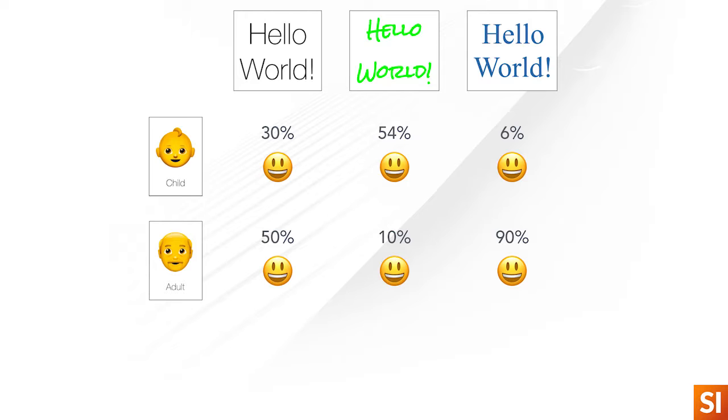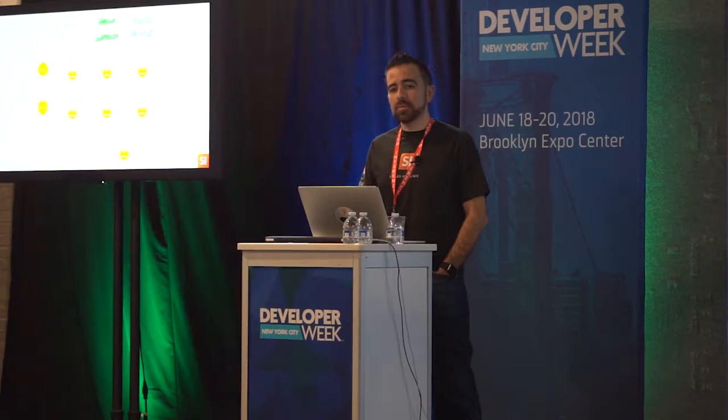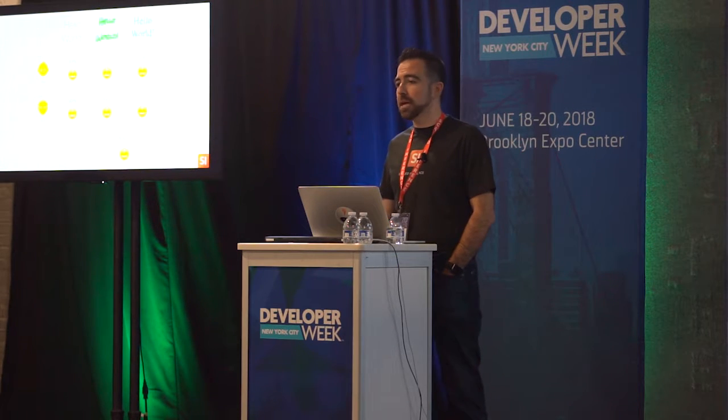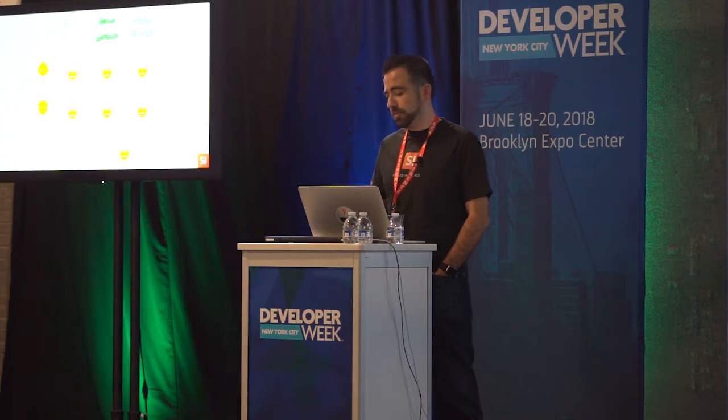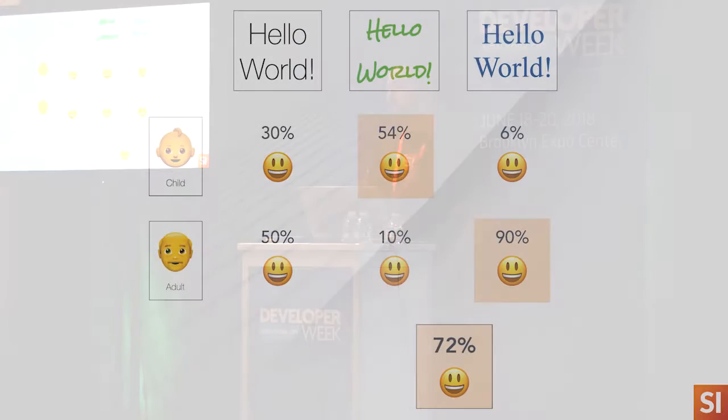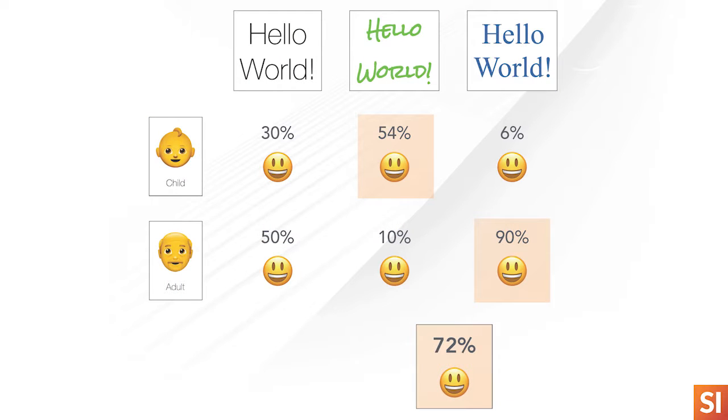Now we see that for children, the fun style, the bright green hello world, is optimal with a 54% happiness rate. And for the adult user type, the classic style is optimal with a 90% happiness rate. So if we were able to take the right action in each context, then we could achieve an average happiness rate of about 72%, assuming that our users are half adult and half children.